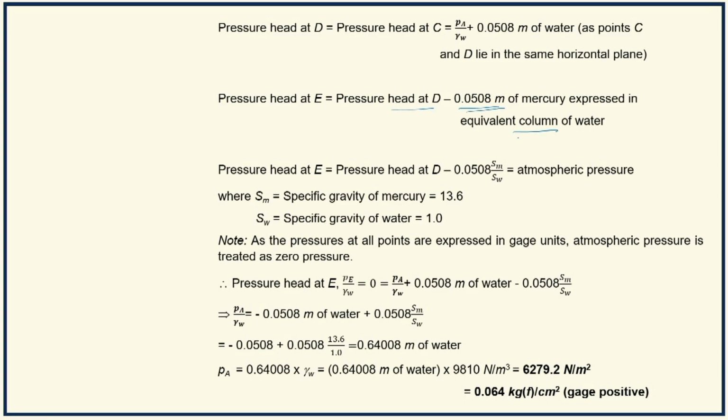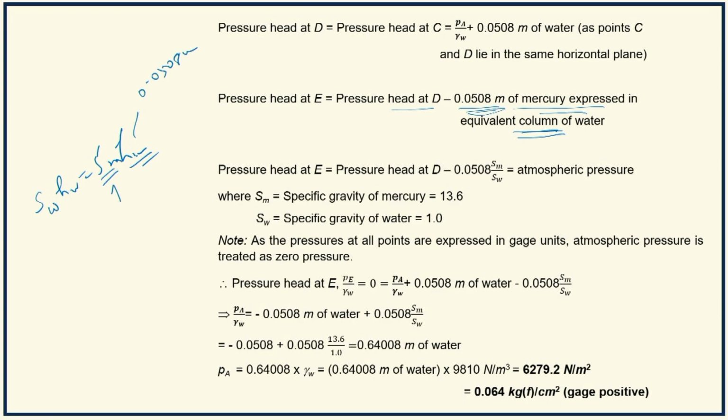It has to be expressed in equivalent column of water because we are expressing all pressures in equivalent column of water. So this column of mercury should be converted to an equivalent column of water using the expression SW into HW equal to SM into HM. W stands for water, M stands for mercury or manometric liquid. HM is known, this is 0.0508 meter.